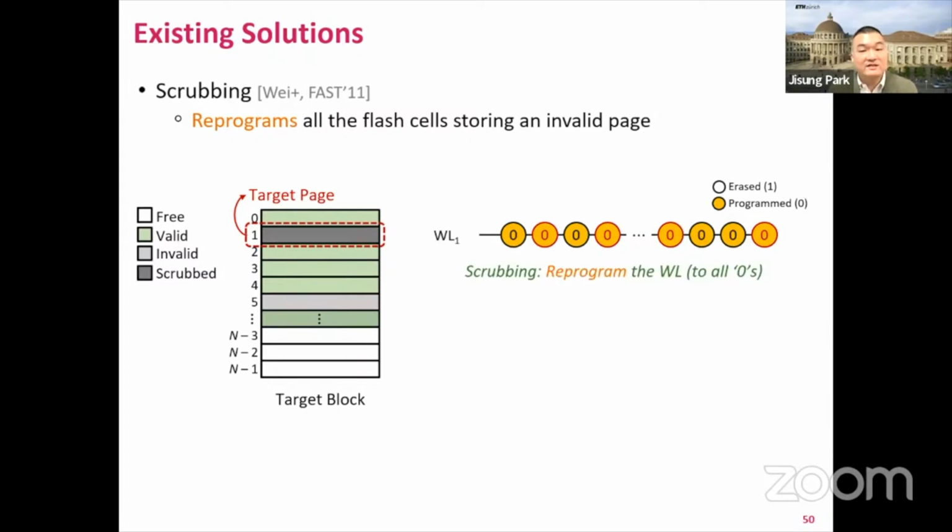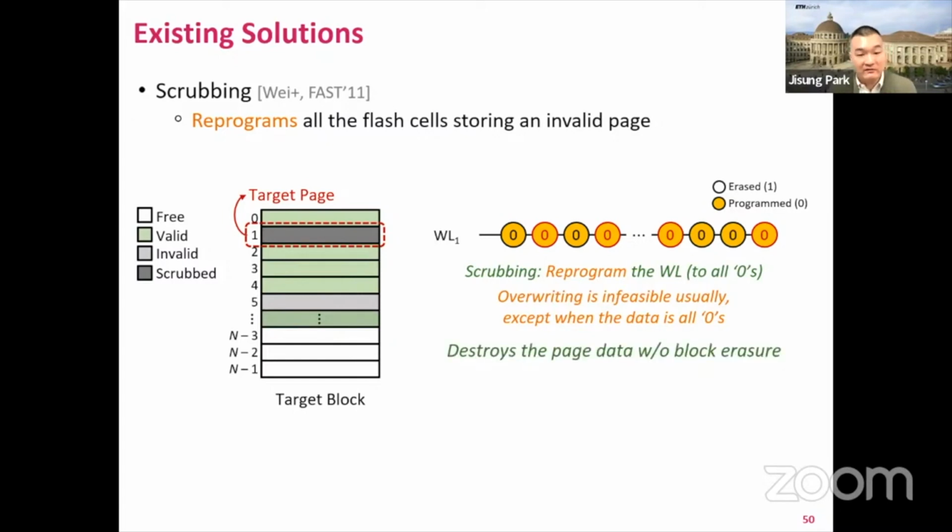Overwriting is impossible in NAND flash memory in most cases, as discussed, because program operations can only increase the cell's threshold voltage, but making all the cells 0 cells is certainly possible, right? Like this, scrubbing can destroy the page data without block erasure. So when this technique was first proposed more than a decade ago, the problem seemed to be solved.